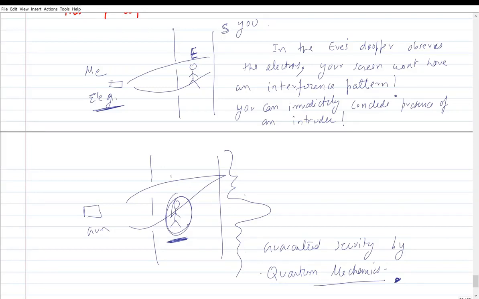So quantum mechanically, I can send you secret messages and also get a certificate of secrecy, recovering the interference pattern. We'll develop cryptographic protocols more formally, but that essentially is the idea. Quantum mechanics, the observation disturbs the system in such a non-trivial way that you are guaranteed secure communication and also get a certificate of it.